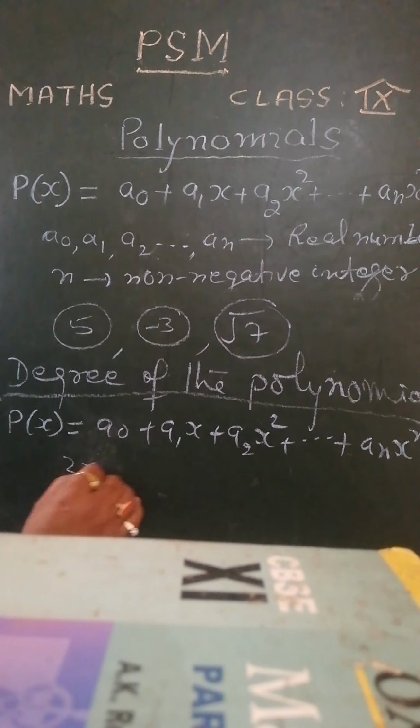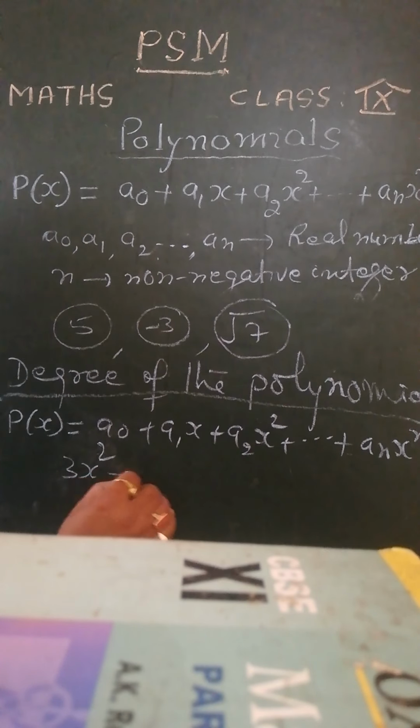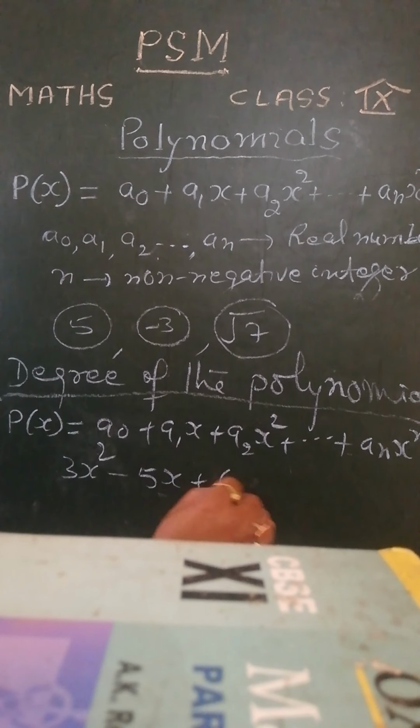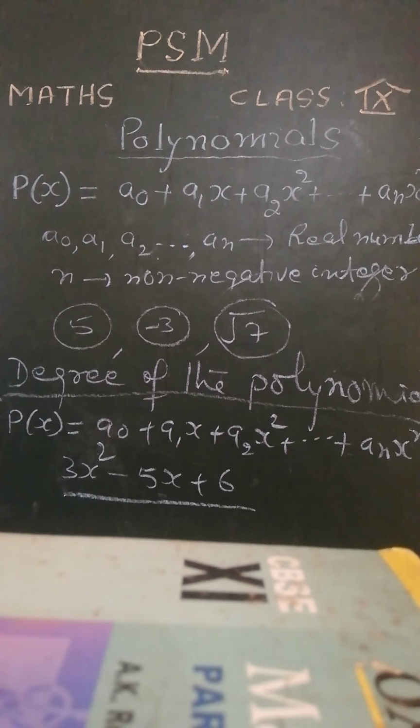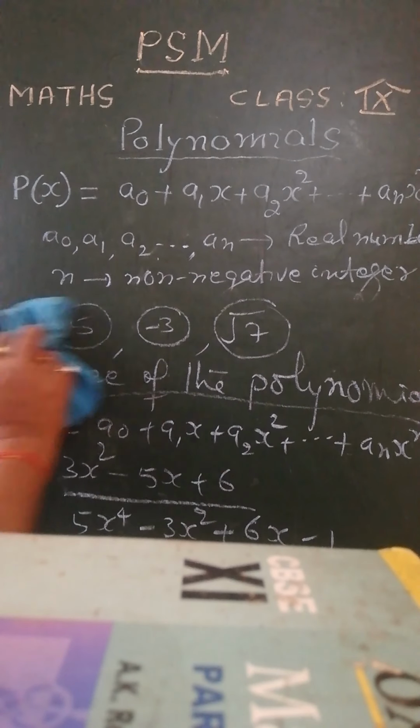Similarly, 3x square minus 5x plus 6 is a polynomial of degree 2, because the highest power of the variable term is 2. Suppose 5x to the power 4 minus 3x square plus 6x minus 1. This is a polynomial of degree 4. In this way, we can understand the degree of a polynomial.